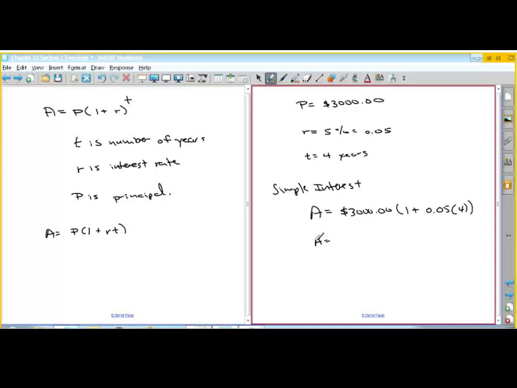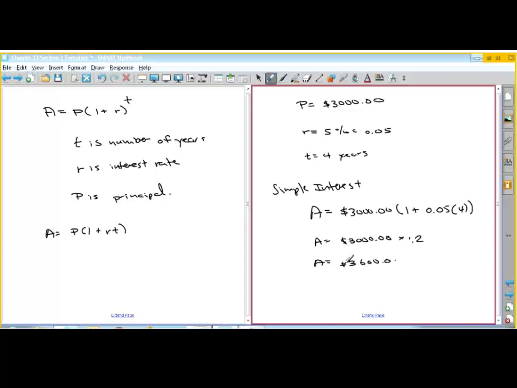Here's my calculator. So we'd have 1 plus 0.05 times 4, which is 1.2. So we have 3,000 times 1.2. That is going to be $3,600.